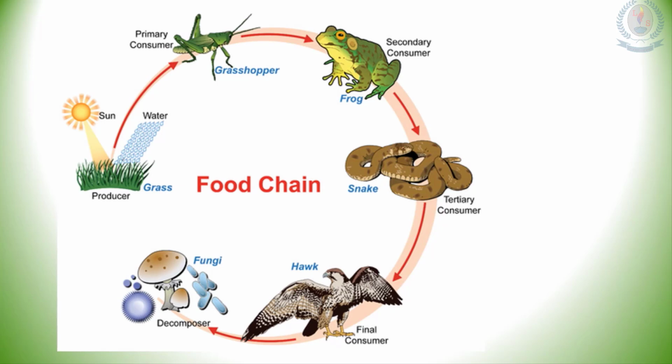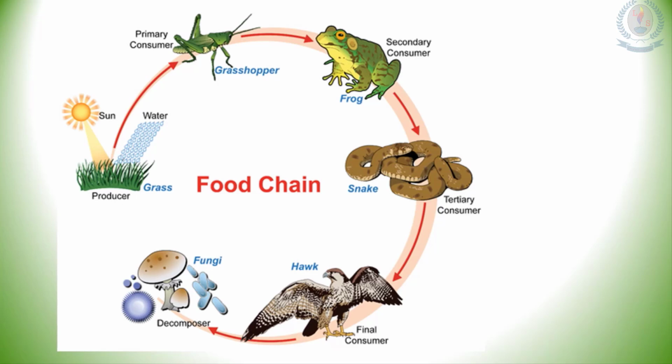Look at this food chain. You can get the summary of what you have learned up to now, and there's one more thing I want to tell you. See that the producer is the grass. So grass is using the energy from the sun to make food.